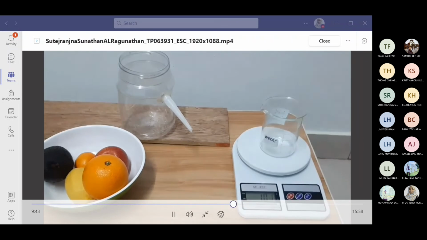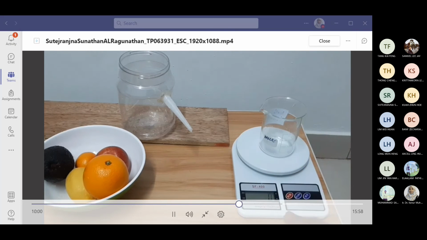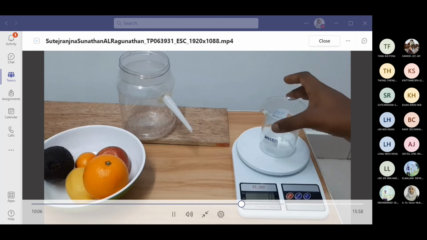All right, but since I'm using a digital weighing scale, when I click this button, it automatically recalibrates and becomes 0. So I don't have to minus off the weight of the beaker because the weighing scale has automatically minused off the weight of the beaker.